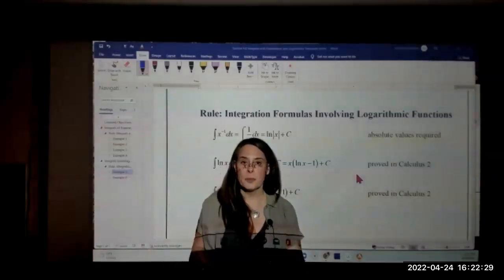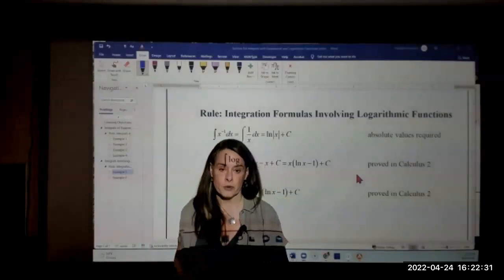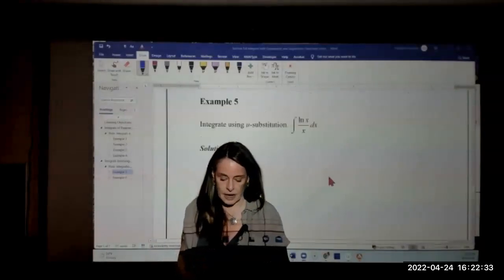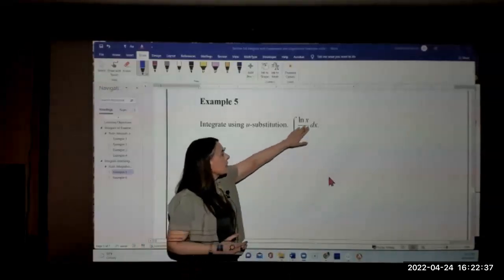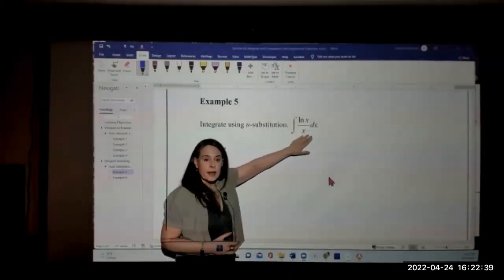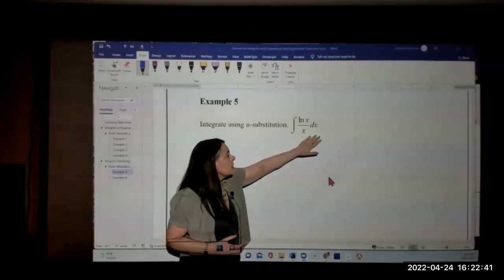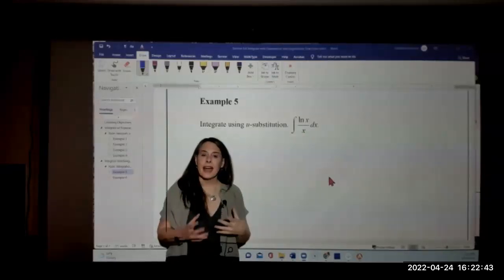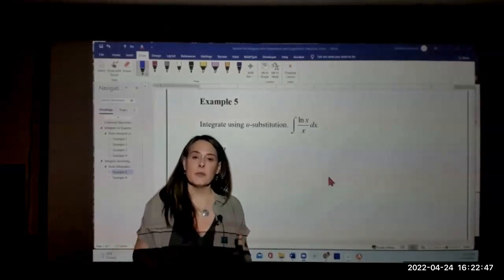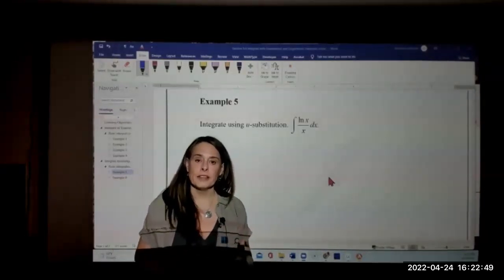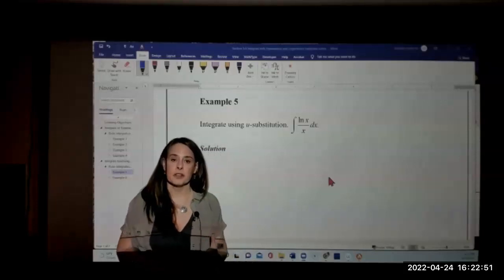Let's take a look at a couple of examples that involve natural log. In example 5, you can see that we have the integral of natural log of x divided by x dx. When we're looking at this one, again, what comes to mind is u substitution. It's not one of the formulas that we can directly find the antiderivative function for.